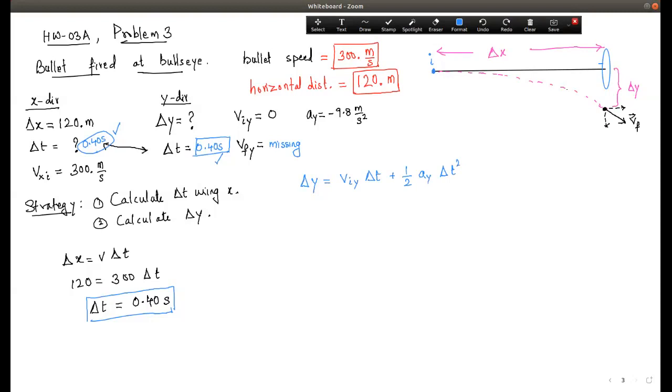Delta y is what we're looking for. The initial y is 0. Again, very similar to the last problem, plus half ay is minus 9.8, and delta t squared is 0.40 squared.